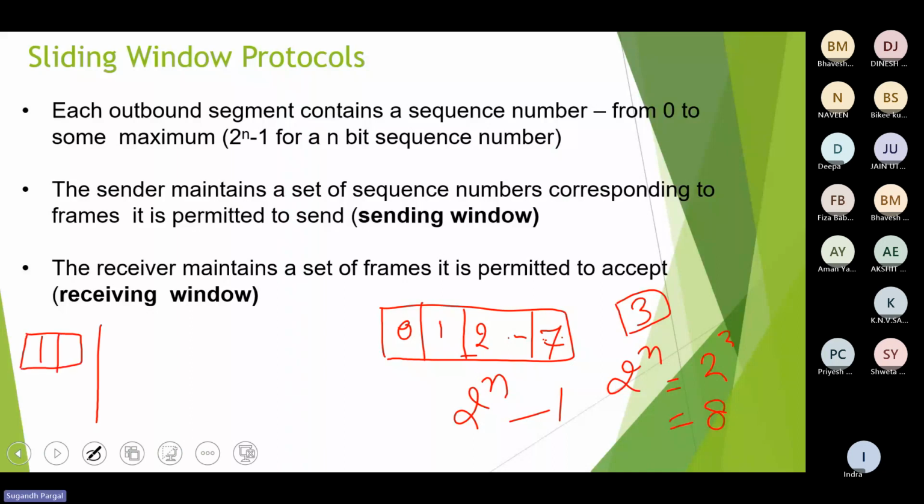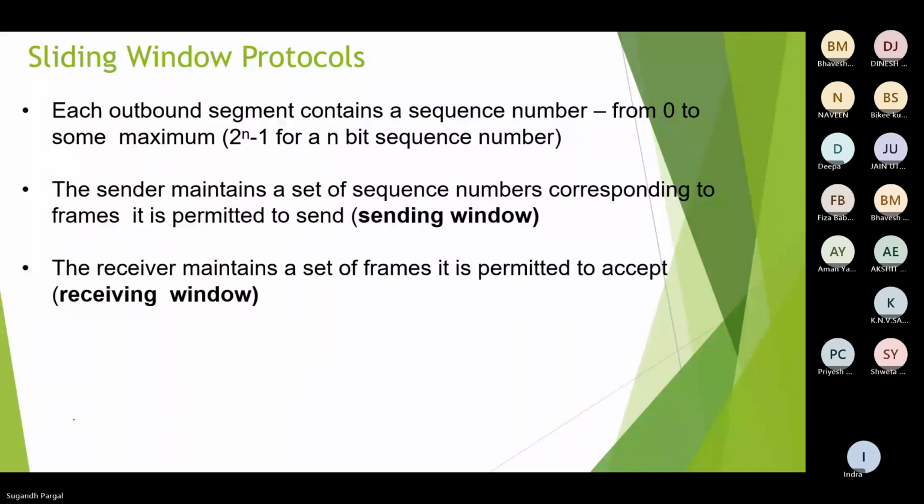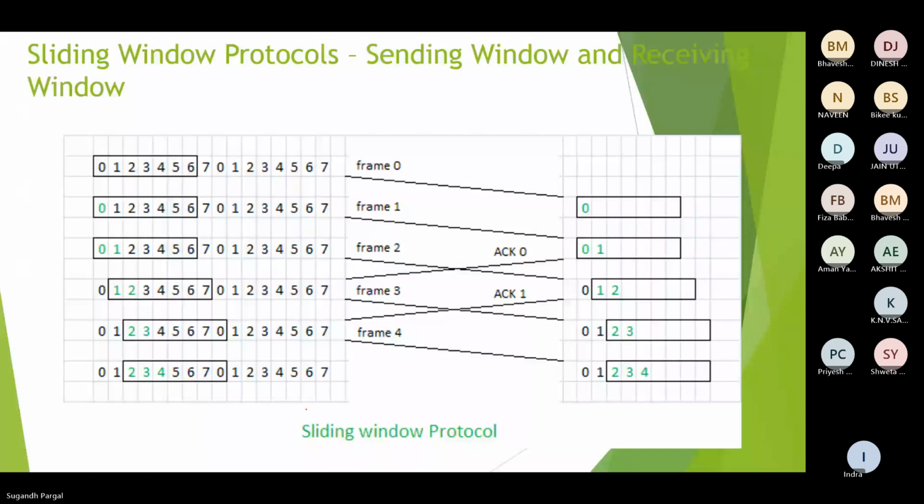For example, this sender window is of size 2, and frames 0 and 1 are sent, and then the same window is implemented at the receiver's end, 0 1, that is the receiver's window. So this is how the sliding window protocol works, with a sending window and a receiving window.